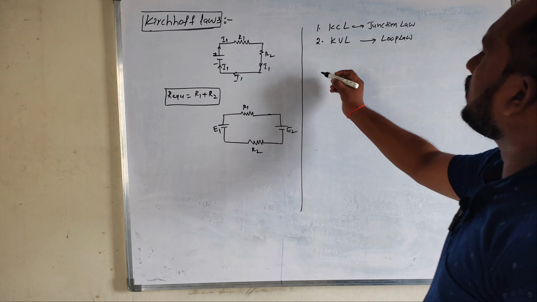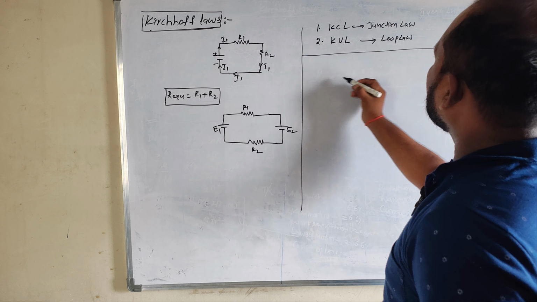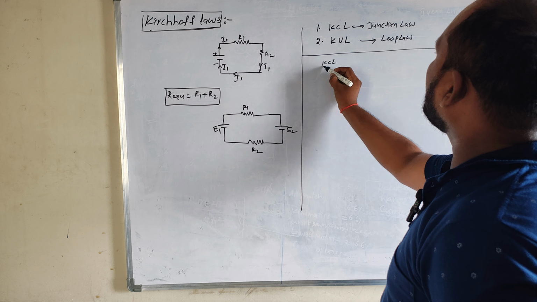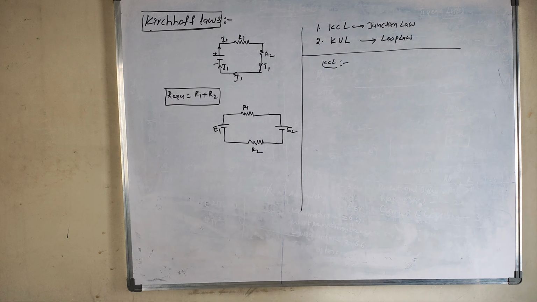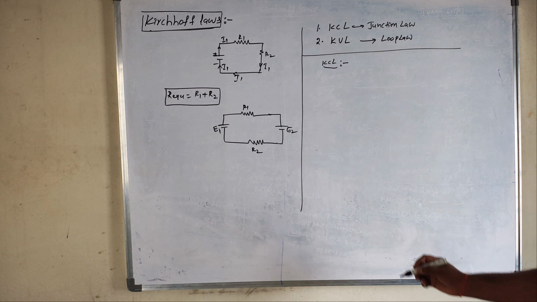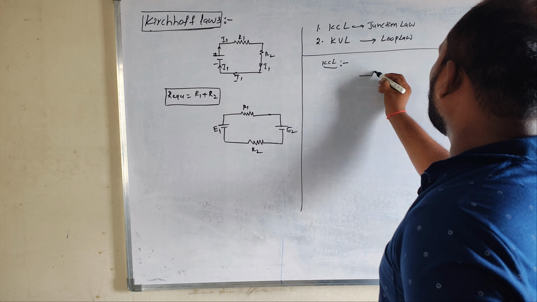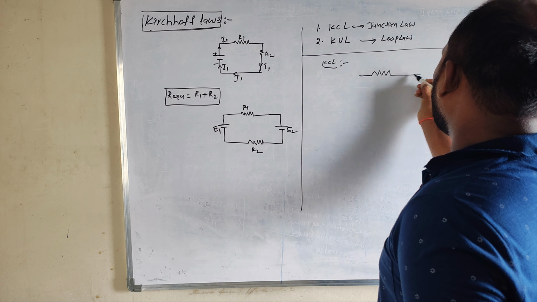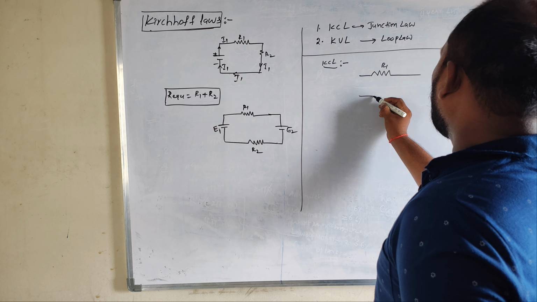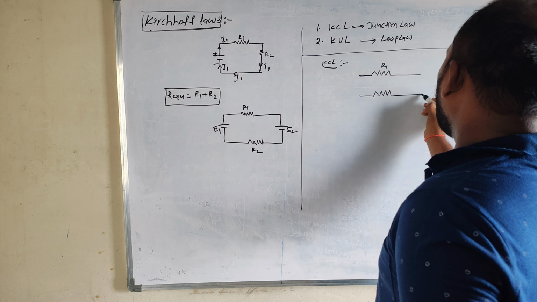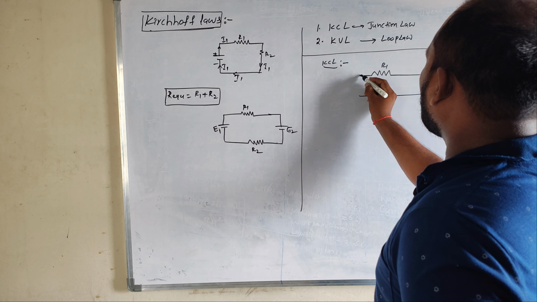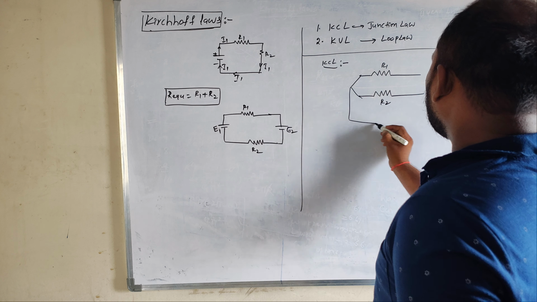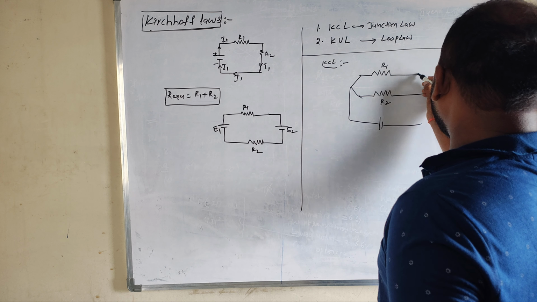First, let's see the first one. What is KCL? Let's take a simple example which is already known to people. This is R1 and another resistance R2 is here, connected in parallel with the battery.